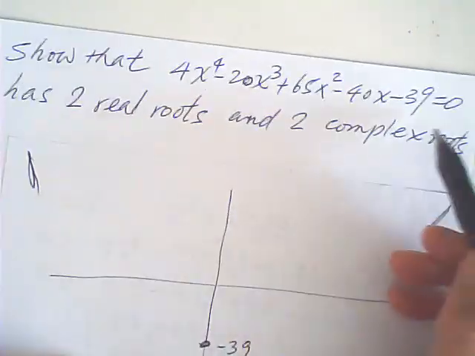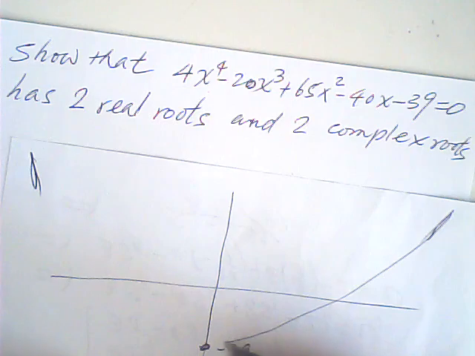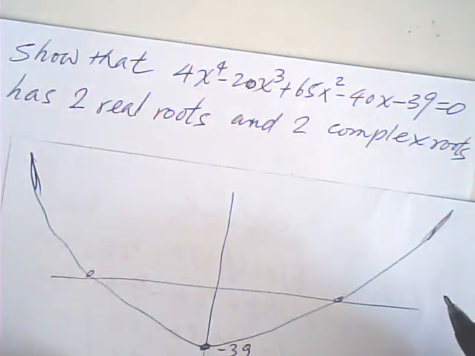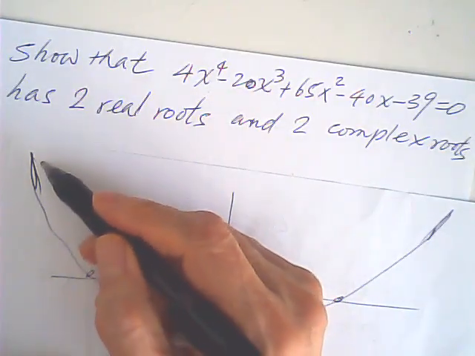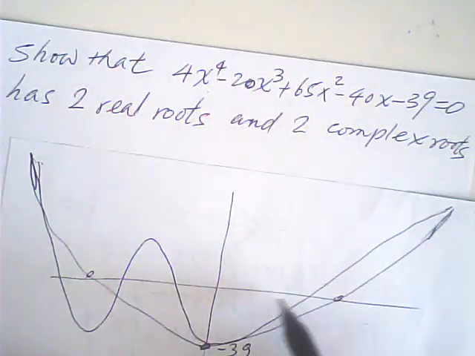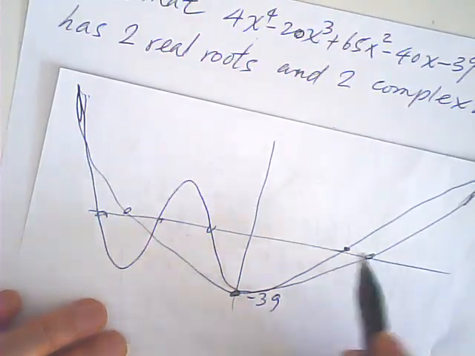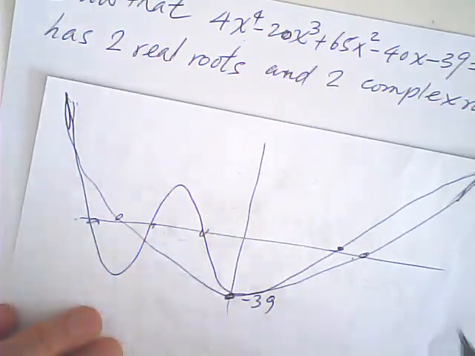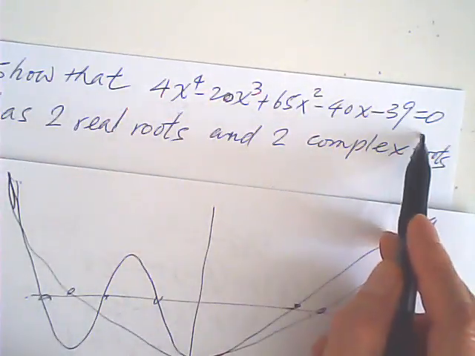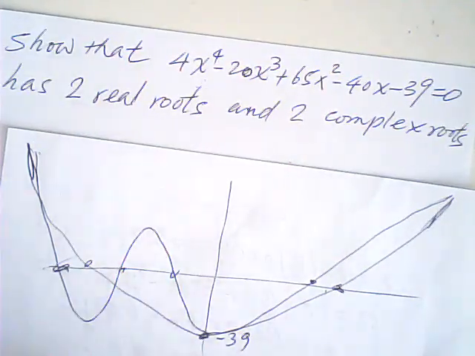And because the polynomial is continuous, the curve must look like this, then you have two real roots. Or it could look like this, then you have four real roots. So at least two real roots, which means that this equation must have at least two real roots.